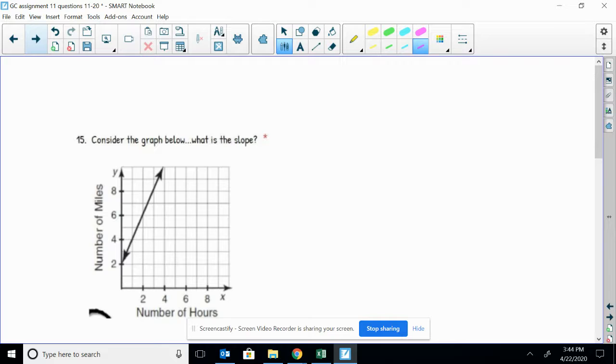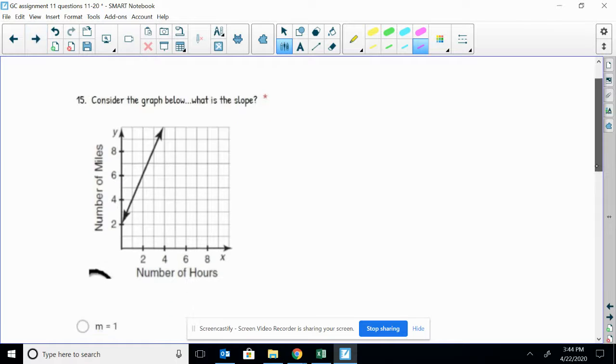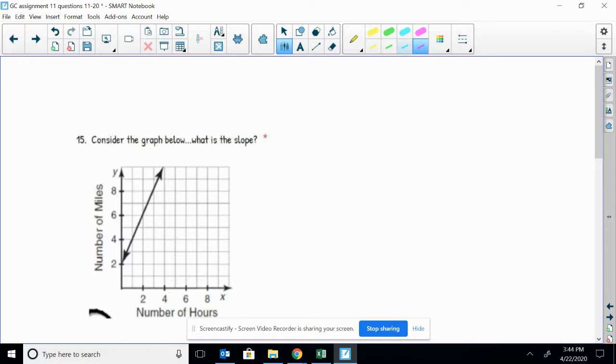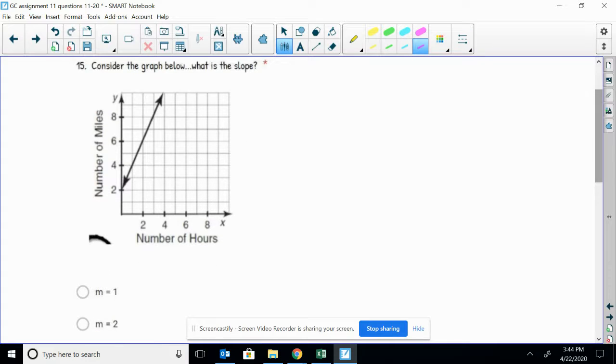Okay, number 16, consider the graph below. What is the slope? Well, he talked about the slope where you could just look at it, and he said that remember the slope, if it is 1 and 1, it goes right through here. It goes up 1 for every one it goes over. This one, it goes up 2 over 1.